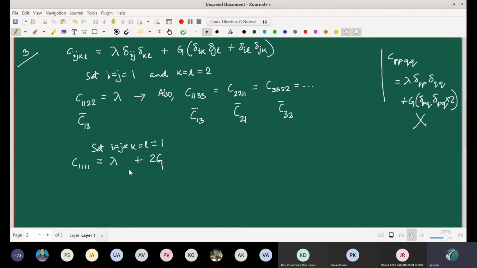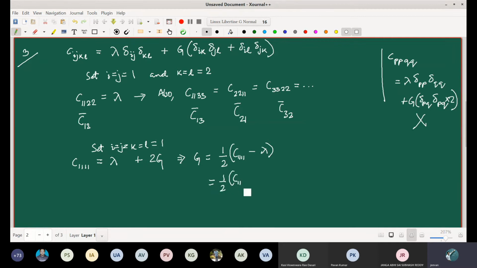But we already know lambda. Suppose we set lambda equal to whatever we have formally found out. We might as well use any of these other alternative things that we just wrote down. Any of them will work. So G is equal to half of C1111 minus lambda, and just substitute any of the known values of lambda.